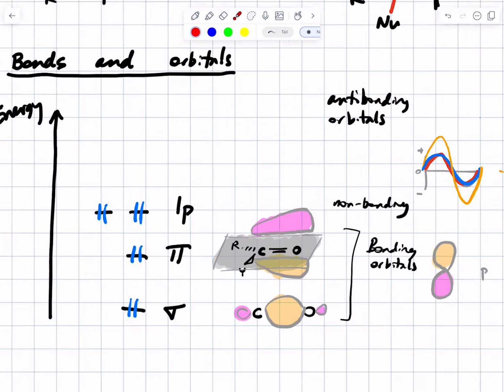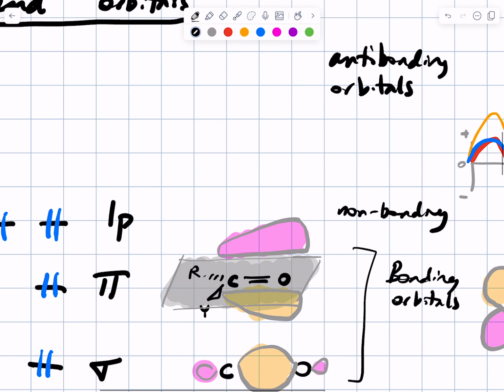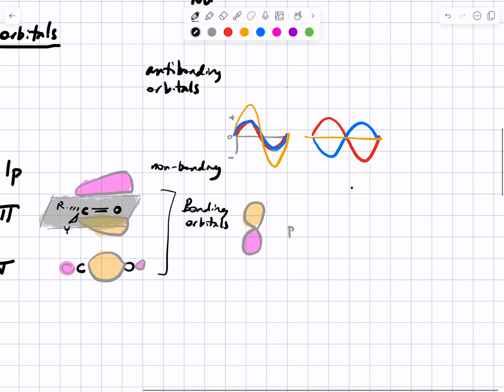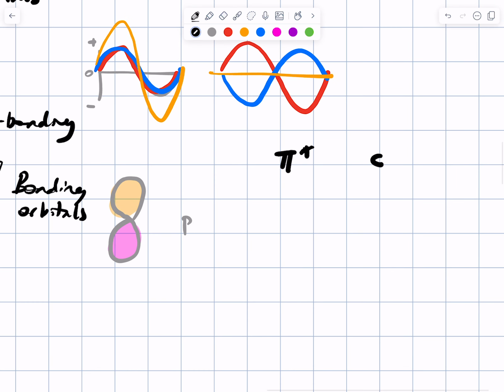So we can draw, for example, a pi star antibonding orbital like this. Here's the carbon, here's the oxygen. And at least conceptually to begin with, let's start with a p orbital on carbon and a p orbital on oxygen.